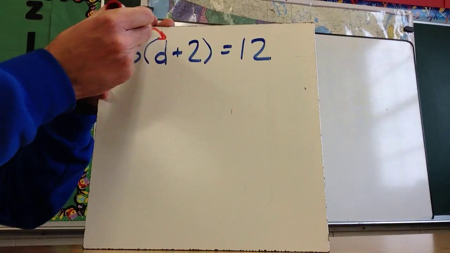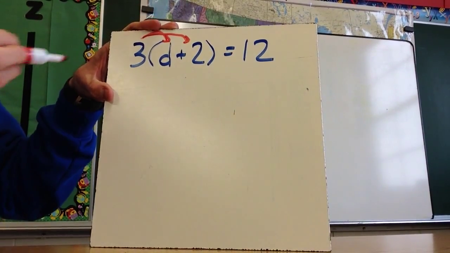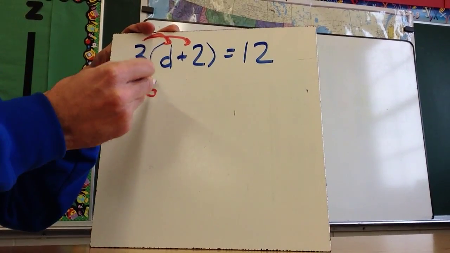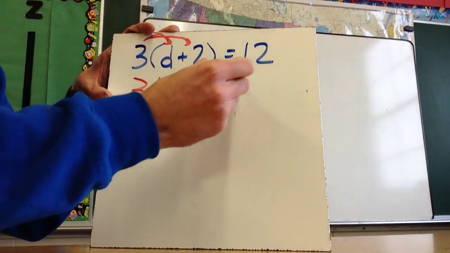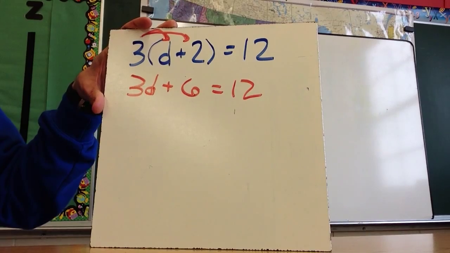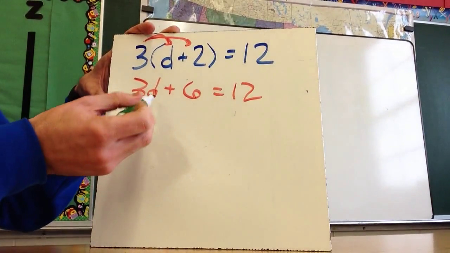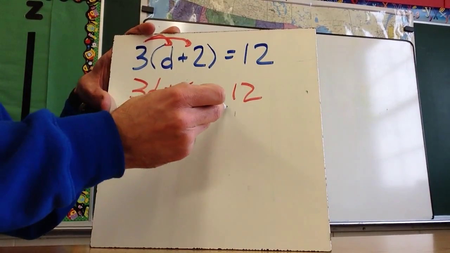The first thing I need to do is distribute. So I'm going to distribute this 3, and I get 3d plus 3 times 2 is 6 equals 12. Now, trying to get the d by itself, I need to take away the constant, which is 6. That's a positive 6, so the opposite of positive 6 is negative 6.